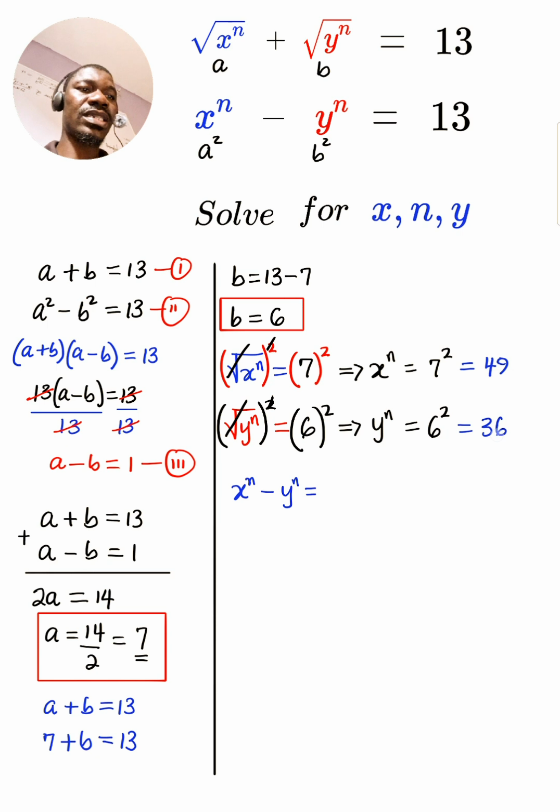So 49 minus 36 equals 13, which actually justifies this.